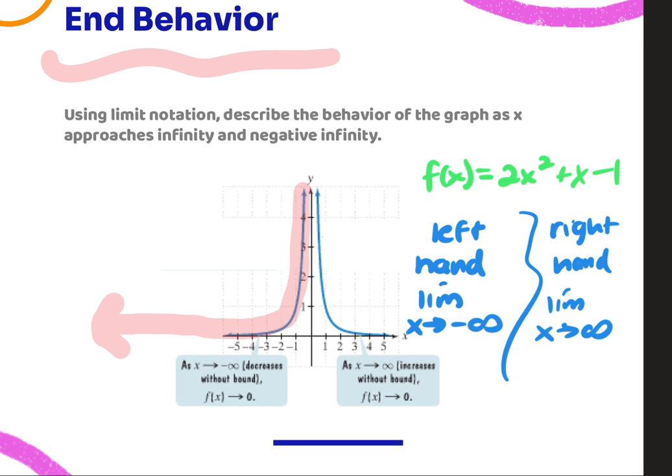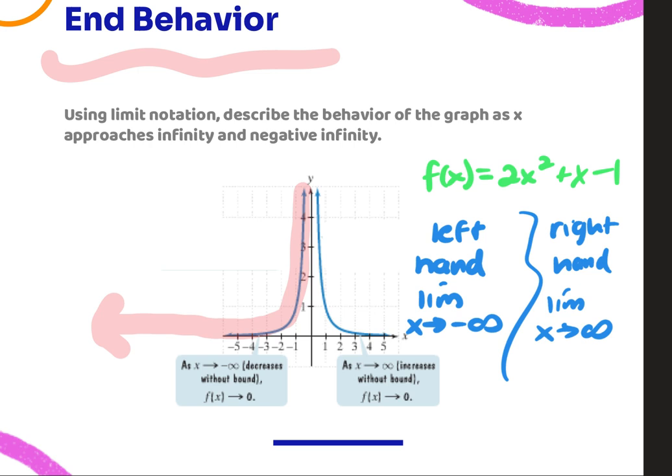They keep approaching the x-axis, but they're never going to touch it because there's a horizontal asymptote here. If I was asking what y value this is closest to, you would tell me what? What's the y value at the x-axis? 0. So if there's a horizontal asymptote at 0, then the end behavior on that side of the graph is going to be 0. Does that make sense so far?